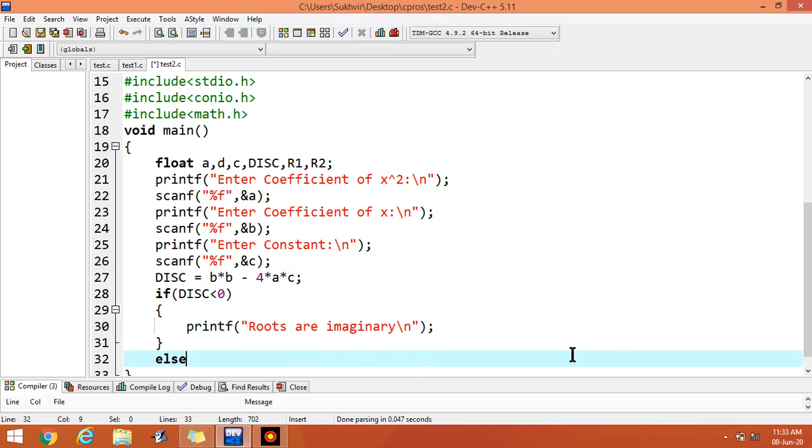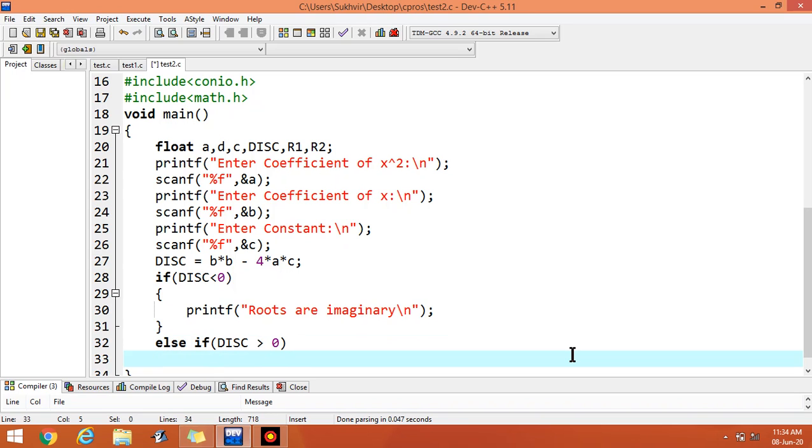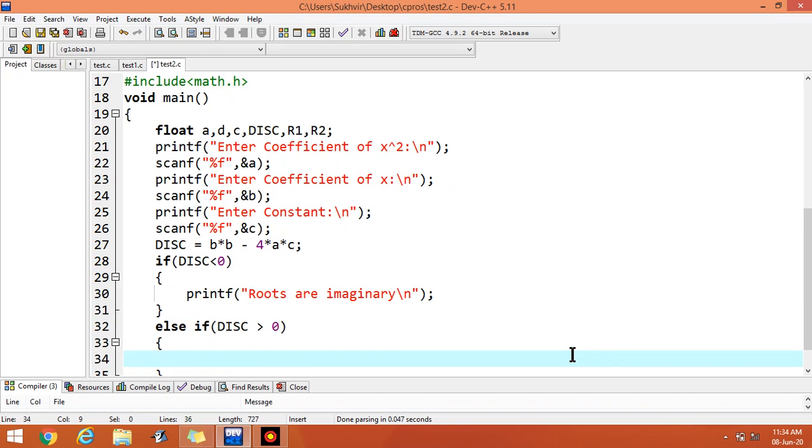Then the second statement, else if discriminant greater than 0, then you can calculate the values, and you can also write printf here.